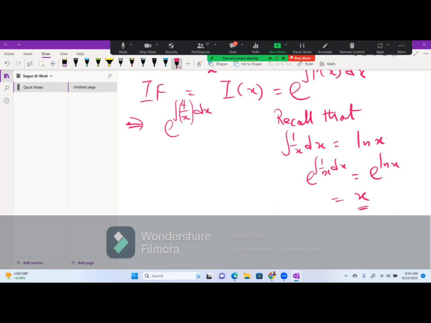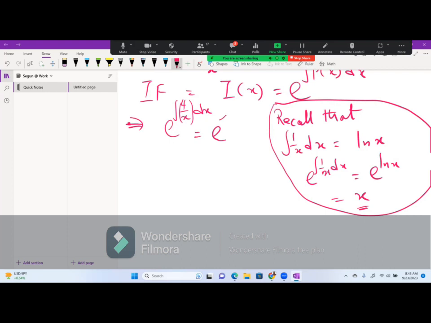Now, we are going to use the same method here. So in this case now, who can tell us the answer for this? Exponential what? Exponential 4 divided by x.